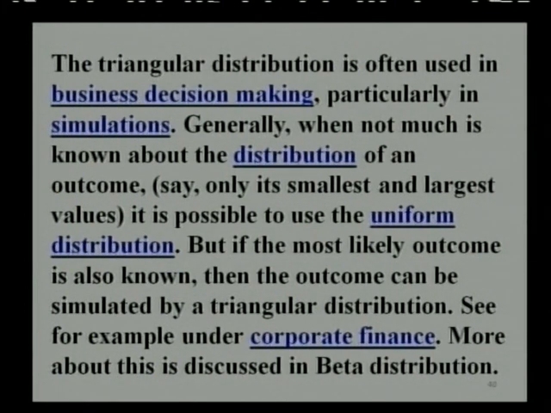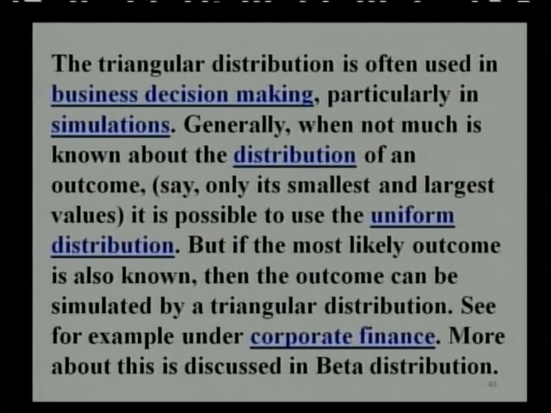The triangular distribution is often used in business decision making processes, particularly in simulations. Generally, when not much information is available about the distribution of an outcome, it is possible to use the uniform distribution. But if the most likely outcome is also known, then the outcome can be simulated by a triangular distribution.